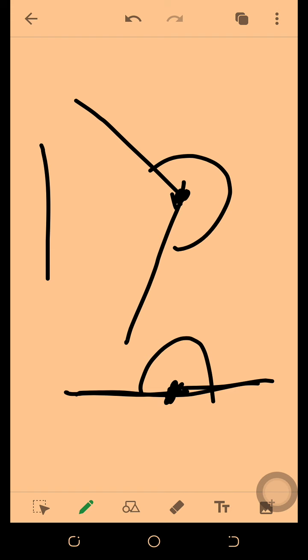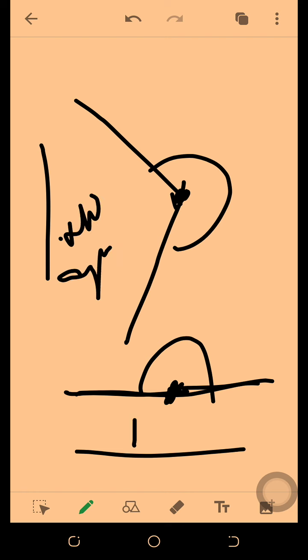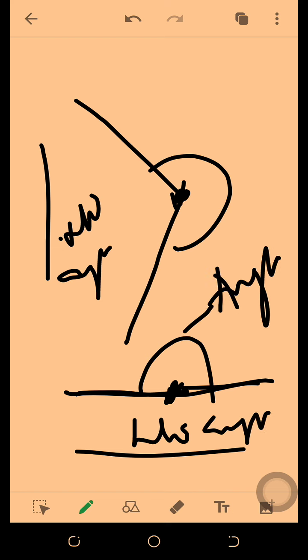The rays must be two. If I have just one ray, no angle is formed. An angle is formed whenever two rays or two arms meet at a point, but one arm or one ray cannot form an angle. So let's take note of that.